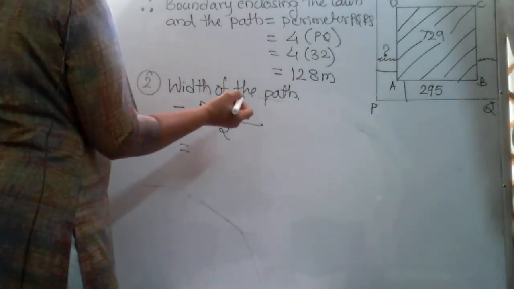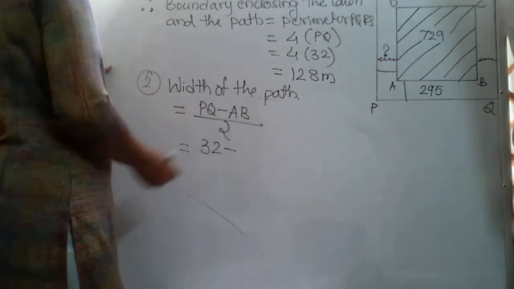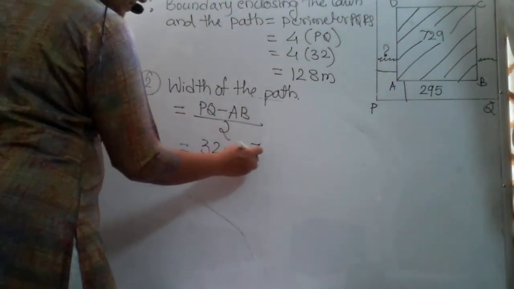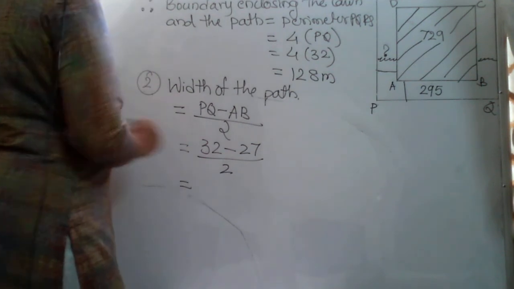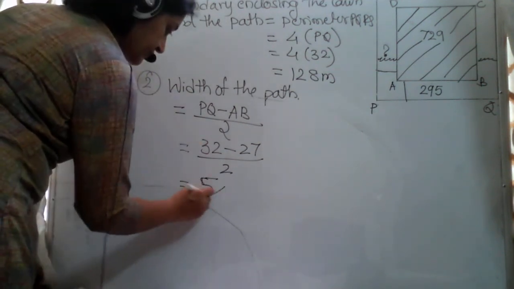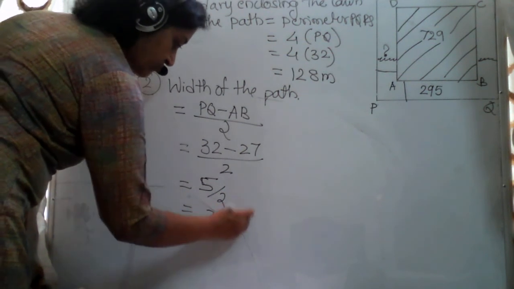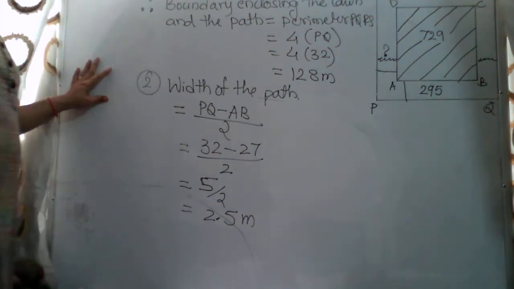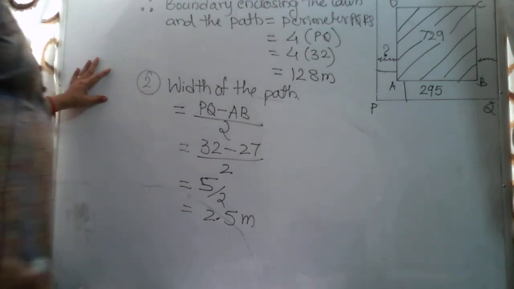Now PQ is how much we have got it as? 32 minus how much is AB? 27 upon 2. Now how much do you get here? 5 by 2. That means 2.5 meter is the width of the path.